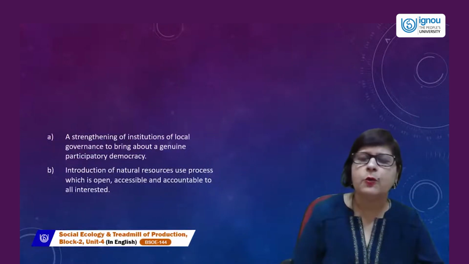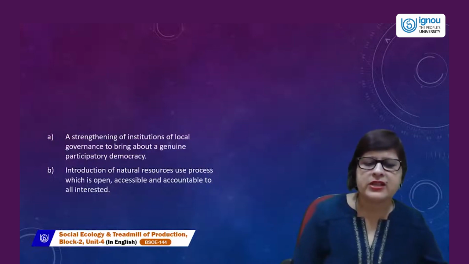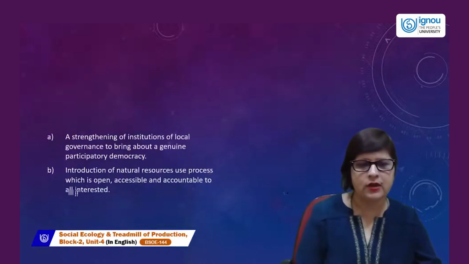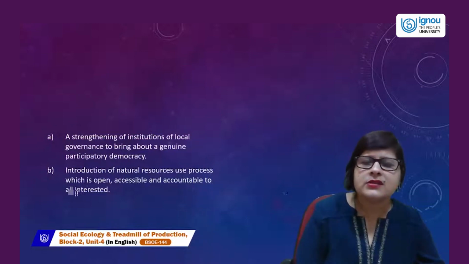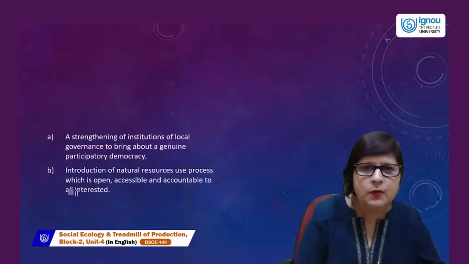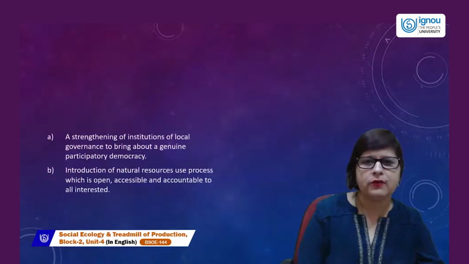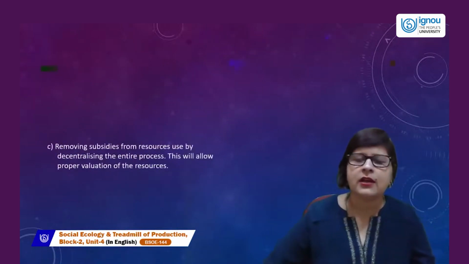It is very much required that we set accountability if we want to achieve sustainable growth or if we want to preserve our ecology. So the natural resource use process is open, anyone can use it. It should be accessible, but accountability should be fixed.